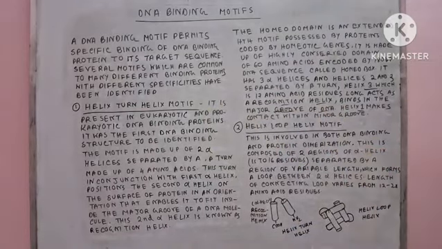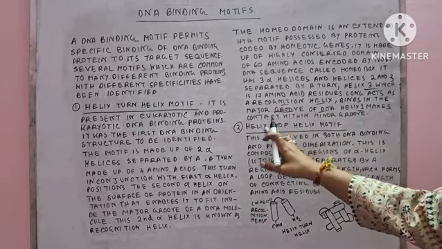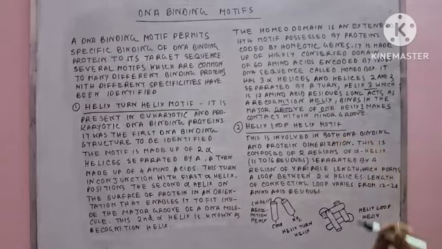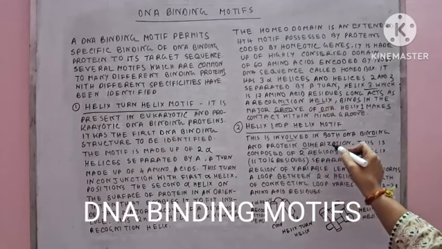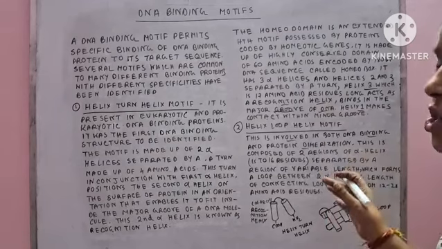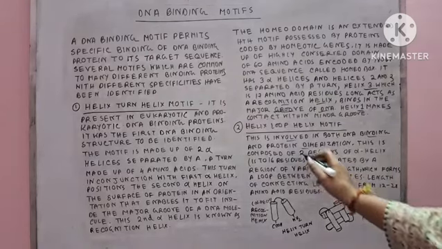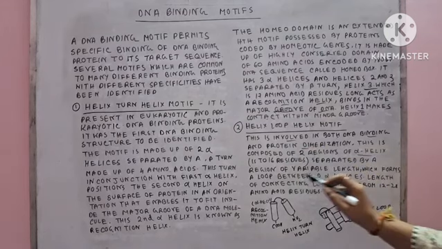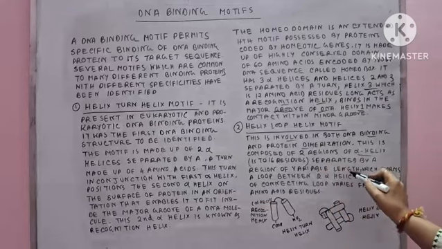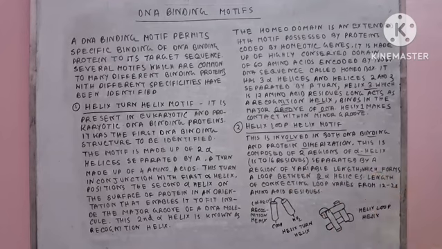And the second one is the HLH motif, that means helix loop helix motif. This is also involved in both DNA binding and protein dimerization. Okay, these 2 functions are carried out by this HLH, which is composed of 2 regions of alpha helix separated by a region of variable length, which forms a loop between the 2 alpha helices.